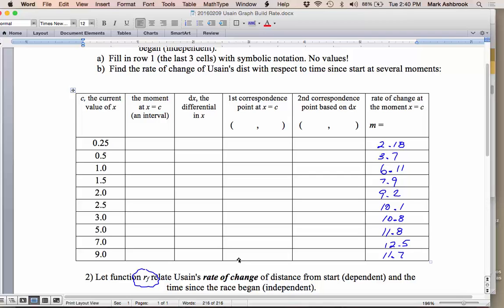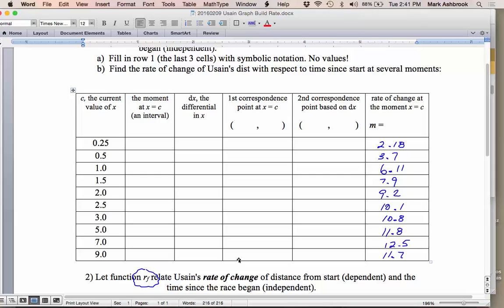So we're going to start by plotting these 8 or 9 correspondence points for that function, on the axes below. The y values on this graph are no longer distance, they're rate of change.